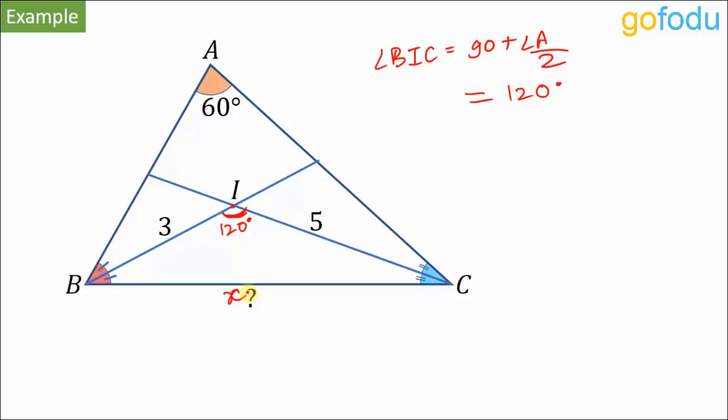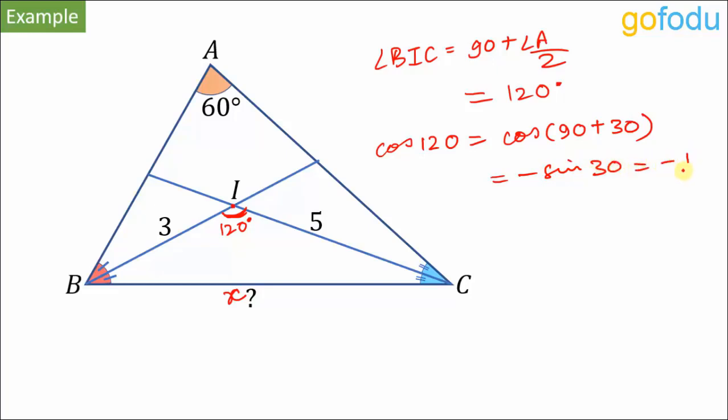Think about it. When two sides and one angle are given and we have to calculate the third side, what do we do? We apply the cosine rule. Cos 120 degrees will be equal to 3 square plus 5 square minus x square upon 2 times 3 into 5. Cos 120 is cos of 90 plus 30, which will be minus sin 30, which is minus 1 by 2.